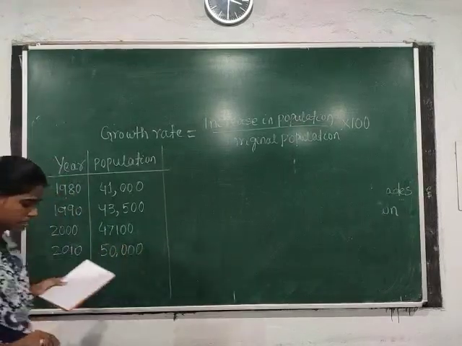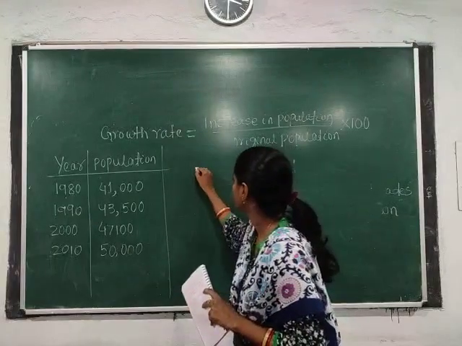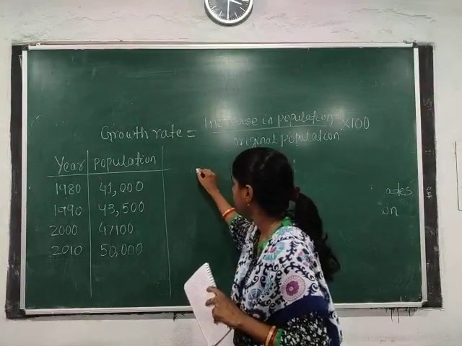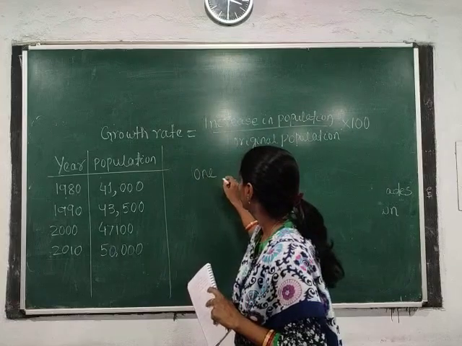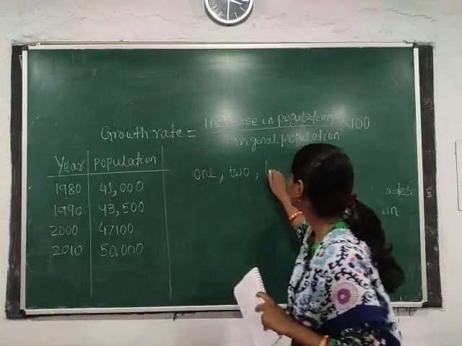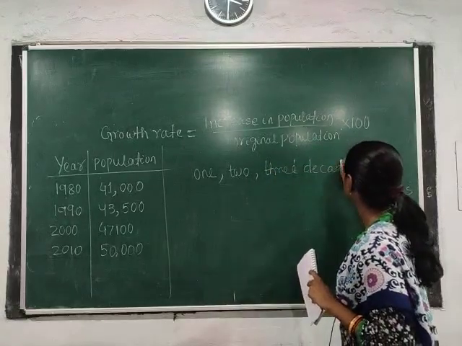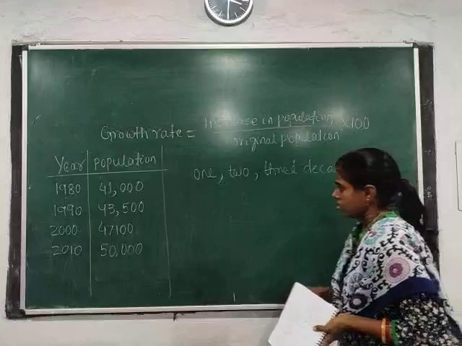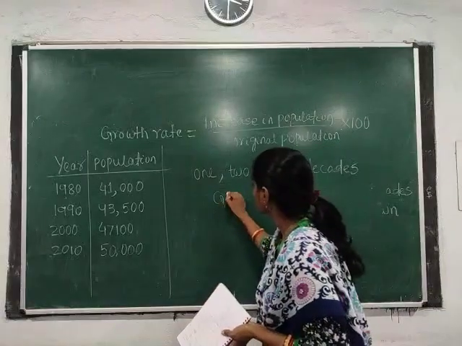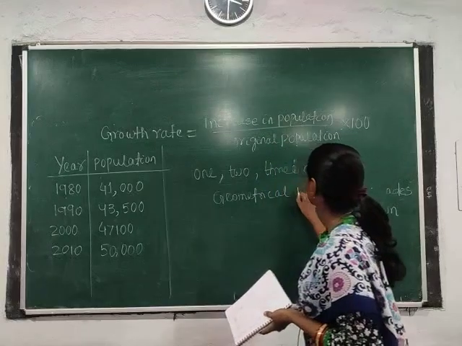It is asked to find the population after 1 decade, 2 decades and 3 decades using the geometric increase method.